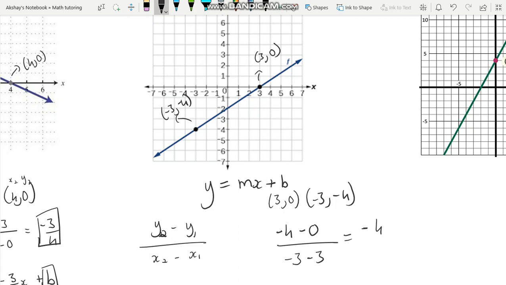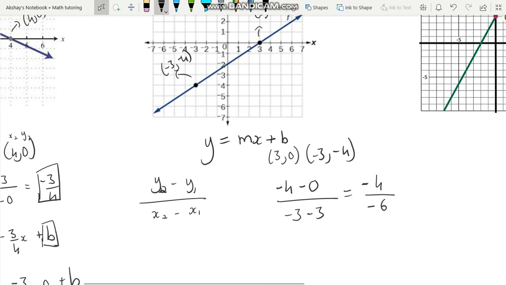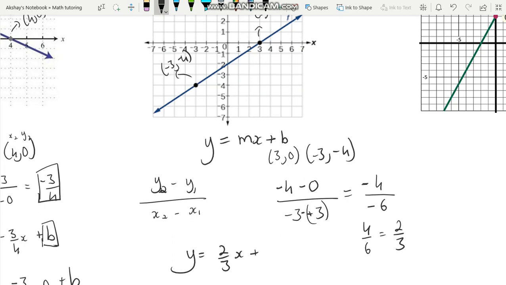And we have negative 4 divided by negative 6. Negative 3 minus 3 gives negative 6. Now we can simplify this. Negative, negative cancel out. 4 divided by 6, that's 2 divided by 3. Hence, we have y equals 2 over 3 x plus b.